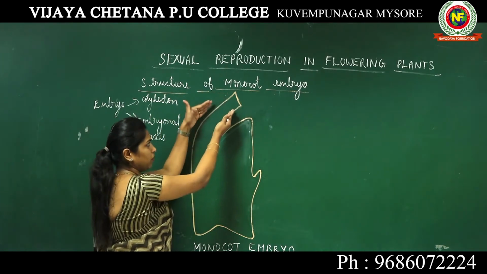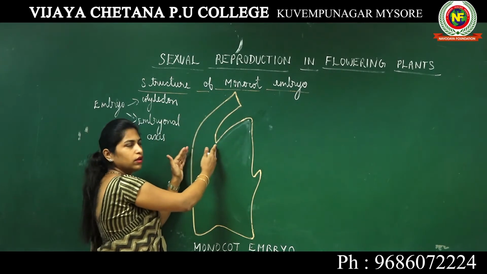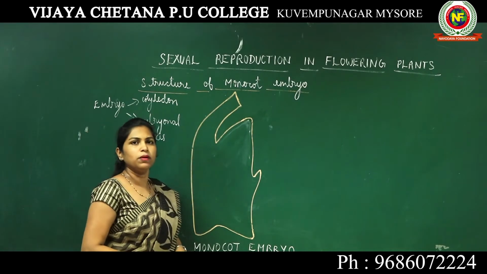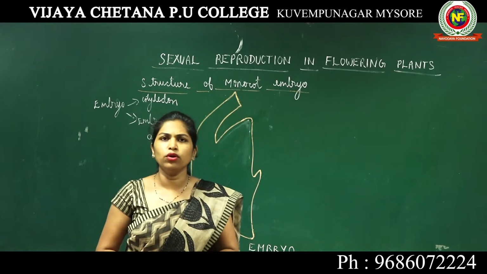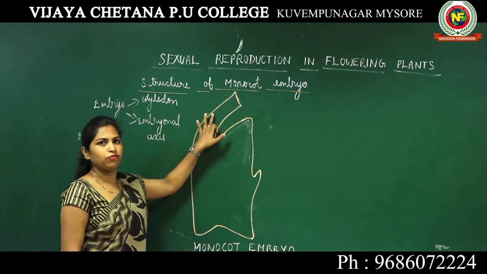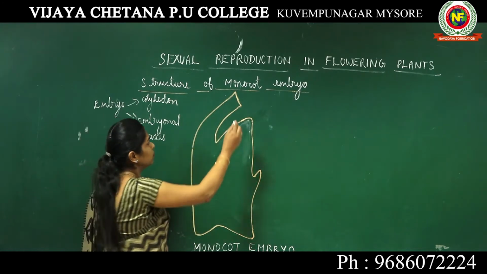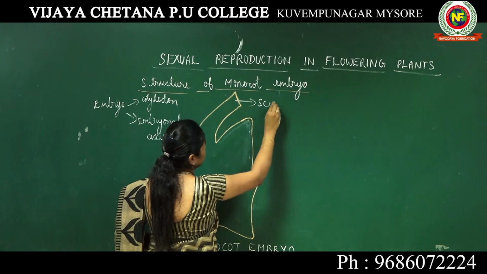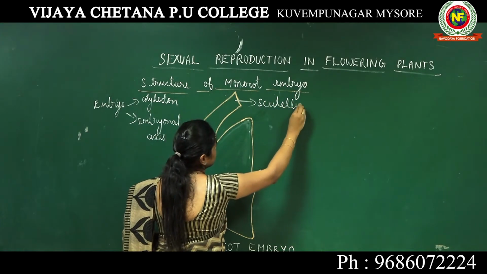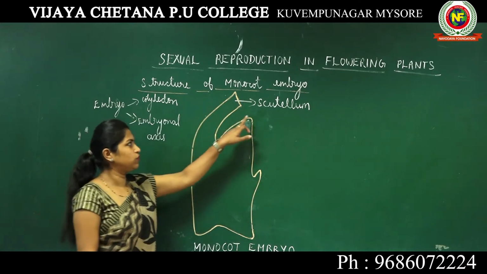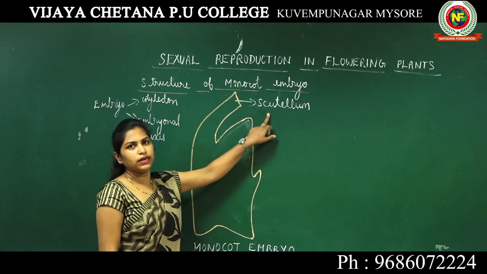This part of the embryo is nothing but a cotyledon. However, in monocots, generally the cotyledon is referred to as scutellum. So this part of the embryo is referred to as scutellum, which refers to a cotyledon.